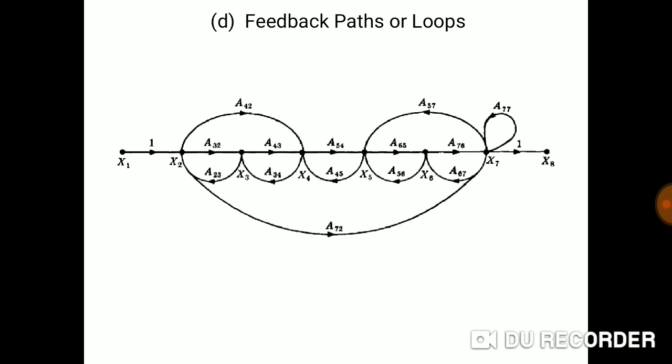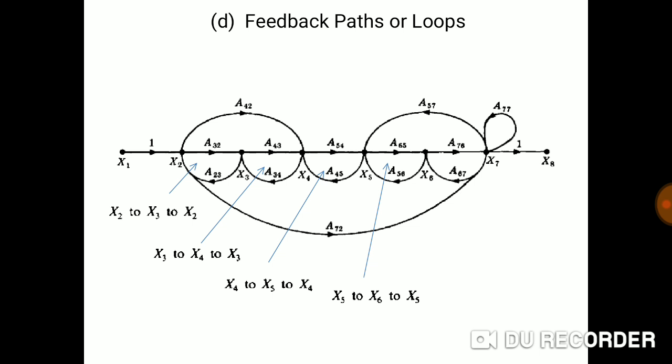Next, we will find out the feedback paths and how many loops there are in the signal flow graph. We'll consider them one by one. The first loop is X2, X3, X2. The second one is X3, X4, X3. The third one is X4, X5, X4. Next one is X5, X6, X5. Next is X6, X7, X6. Next one is X7.